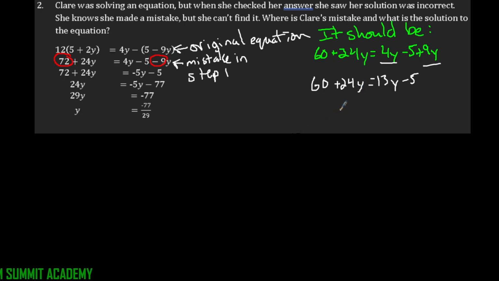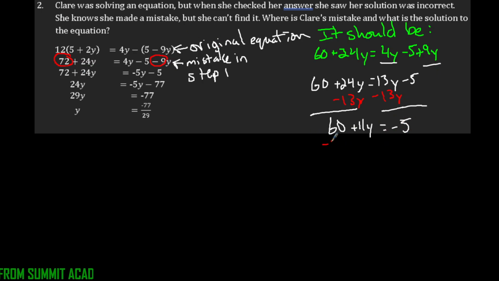There we go. Make sure you use those inverse operations. Since I have variables on both sides, I have to subtract or get rid of the lower coefficient. So I'm going to subtract 13y from both sides. So now I have 60 plus 11y equals -5.